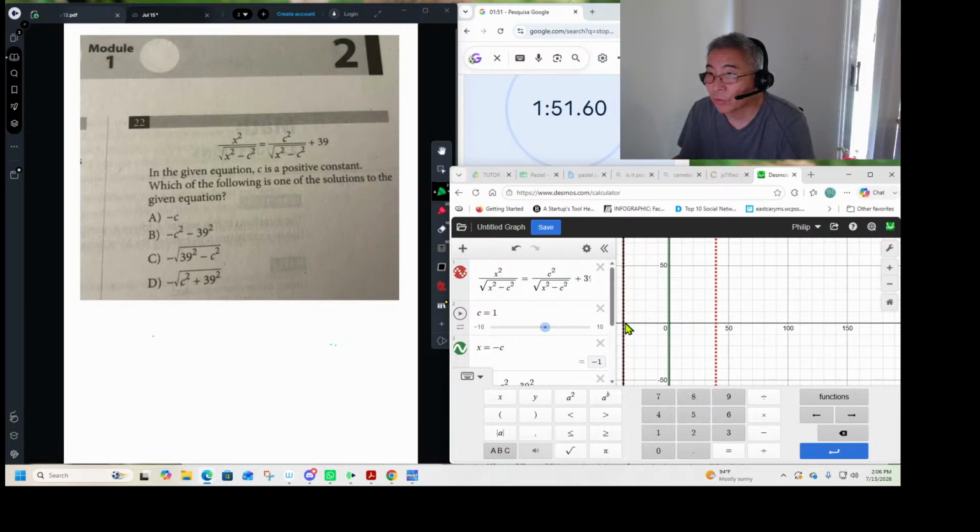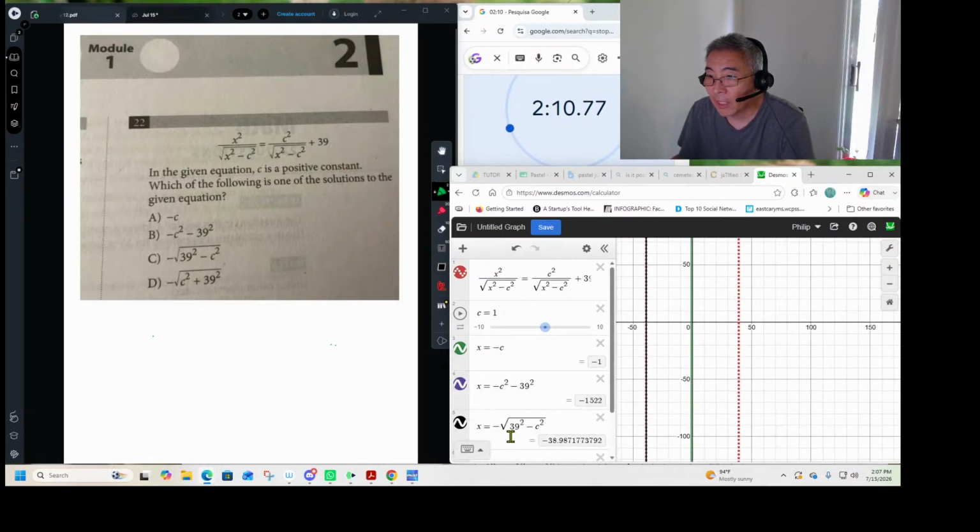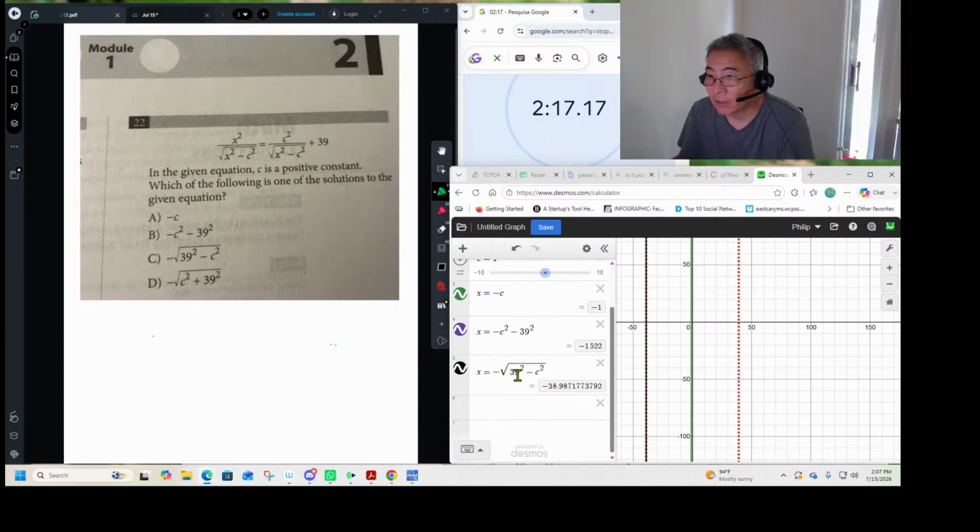There's one over here and there's one over here. But if I put in, let's see. Okay, yeah, either one of these is going to work. This one or this one. Okay. And looks like the black is on top of the red here, right? So maybe that's a solution.